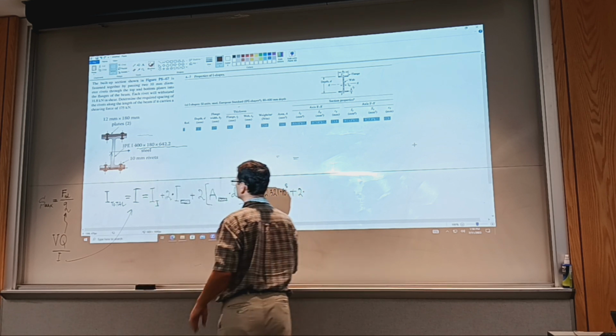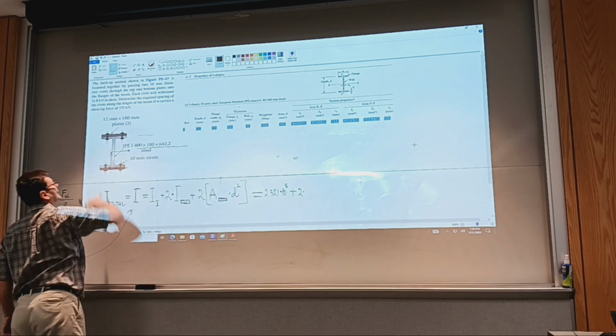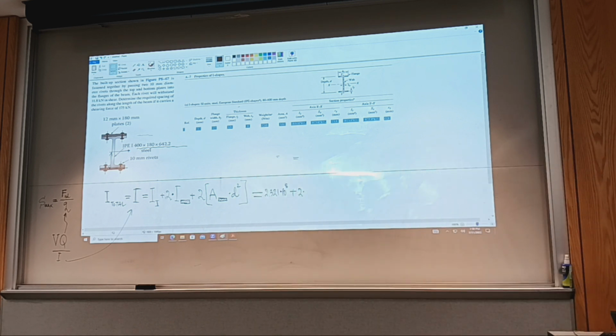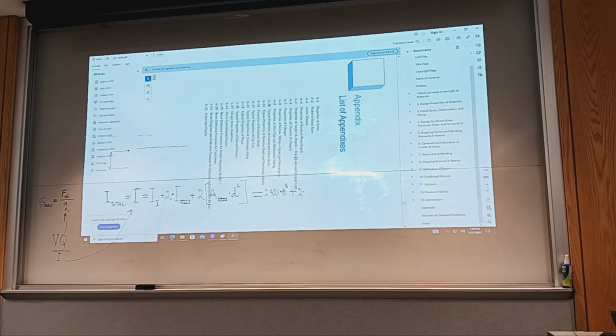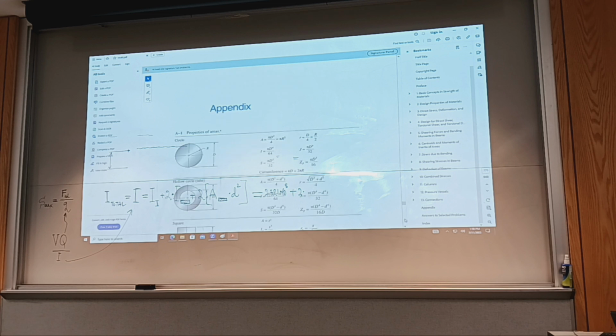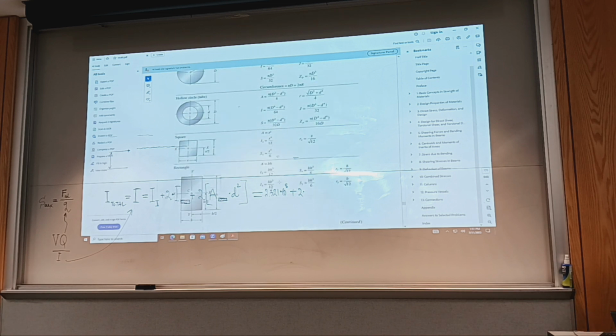2 times, and the flat is 12 by 180. So either go back or rely on memory. Is this one, right? So we need Ix, it's b h to the power 3 over 12.